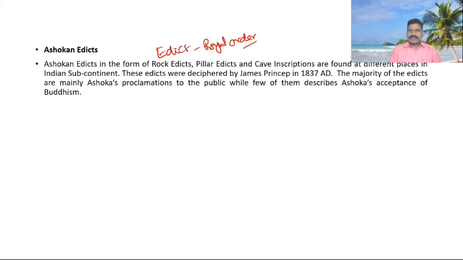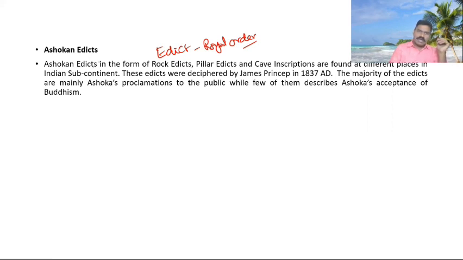Ashoka's edicts are in the form of rock edicts, pillar edicts, or cave inscriptions. These were found in different places in the Indian subcontinent. So these edicts give complete information about Ashoka.